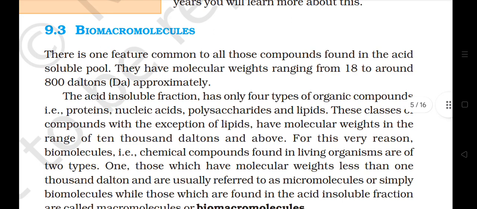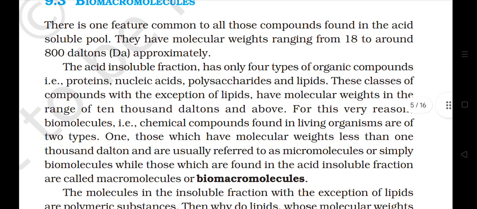9.3 Biomacromolecules. There is one feature common to all those compounds found in the acid soluble pool. They have molecular weight ranging from 18 to around 800 Dalton approximately. The acid insoluble fraction has only 4 types of organic compounds, that is, proteins, nucleic acids, polysaccharides and lipids. These classes of compounds, with the exception of lipids, have molecular weight in the range of 10,000 Dalton and above.